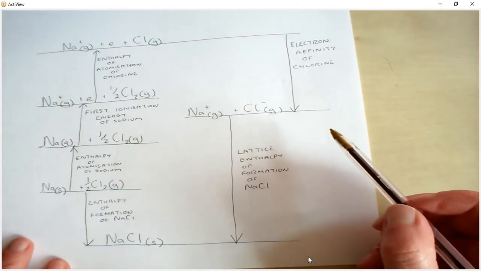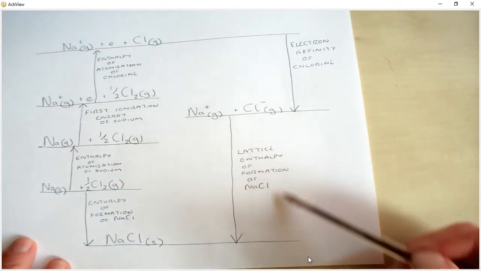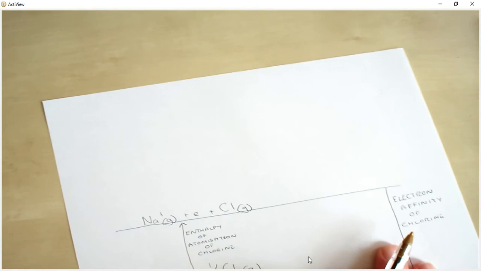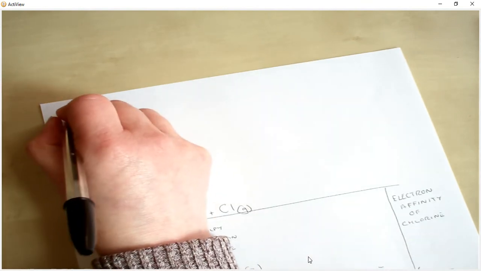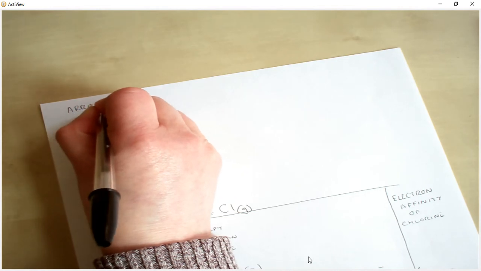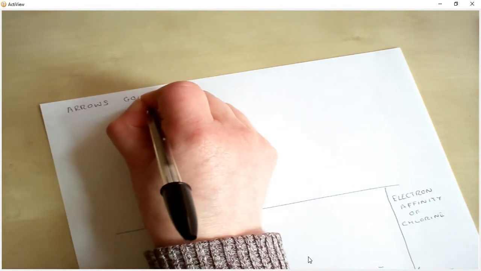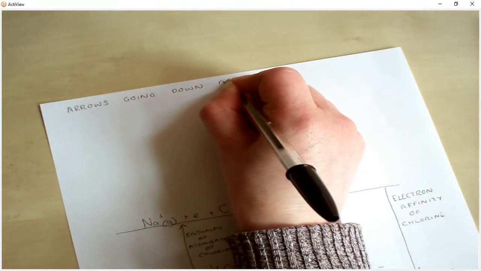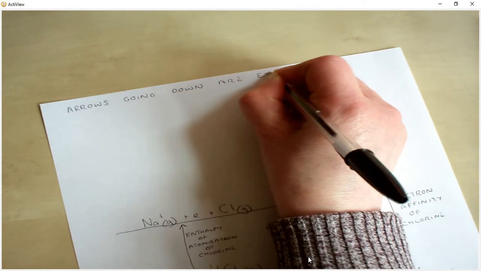If we look at these, we'll see that the arrows going down are exothermic. So if I just write this at the top. So in a Born-Haber cycle, arrows going down are exothermic.